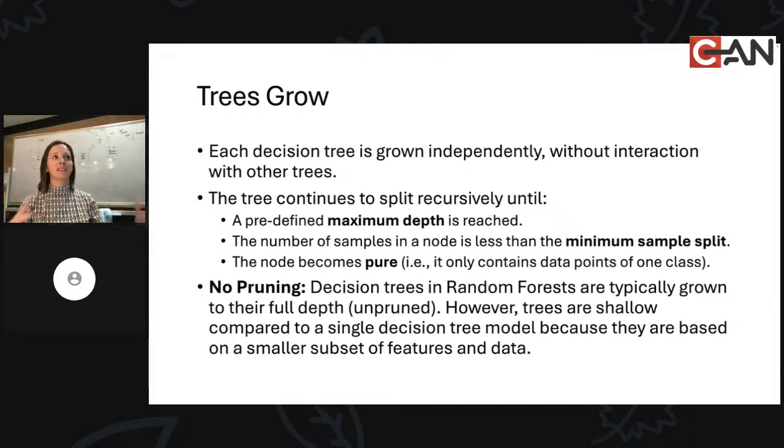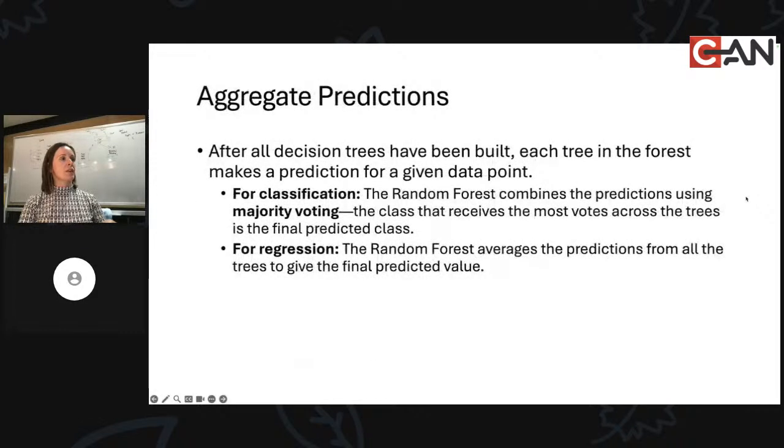So if we set the max depth for a random forest, each tree has a max depth, but they progress through to find their stopping points all by themselves, until a node becomes pure. And typically we don't prune those.